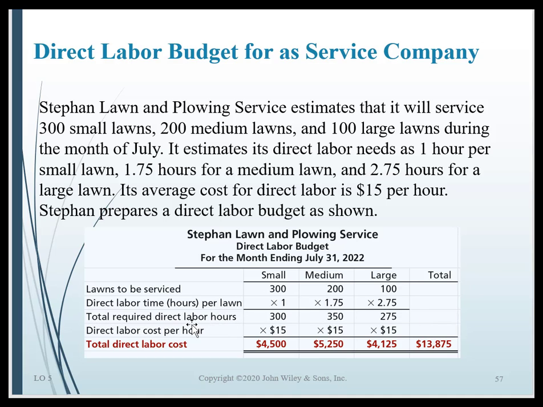The total required direct hours, 300 loans at an hour a loan, that's 300 total direct labor hours. What's the cost per hour? $15 per hour. So that's then going to calculate the total direct labor cost. So for merchandising, we have to come up with a purchasing cost. For service, we have to come up with a labor cost.